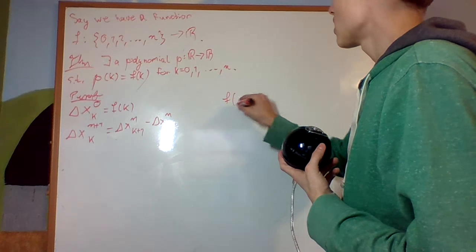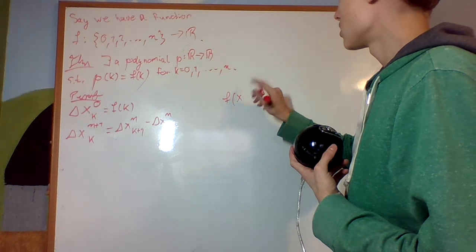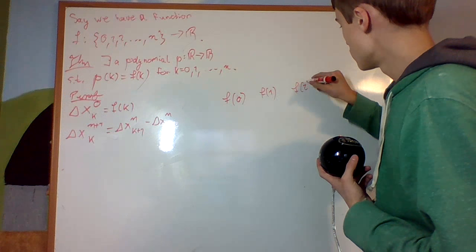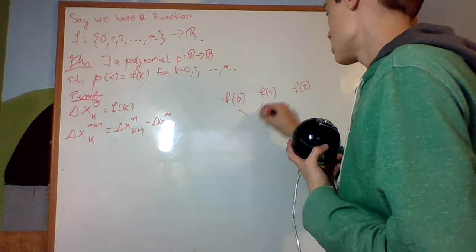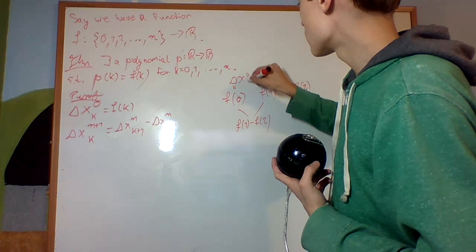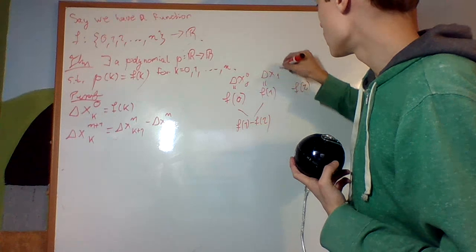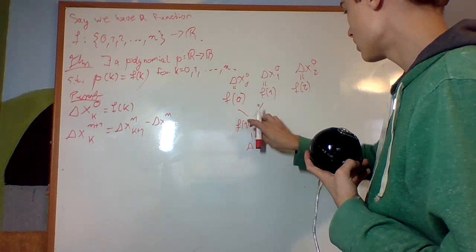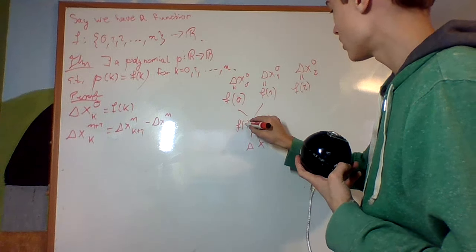Because if I had my f of x, f of 0, f of 1, f of 2, I'm going to do it with 3. Then the difference here is f of 1 minus f of 0, or what I'm calling delta. So this is going to be right here, that's going to be delta x 0, 0, that's going to be delta x 1, 0, that's going to be delta x 2, 0. Okay, this right here is going to be delta f of 1 minus f of 0. That's going to be delta x 0, 1.